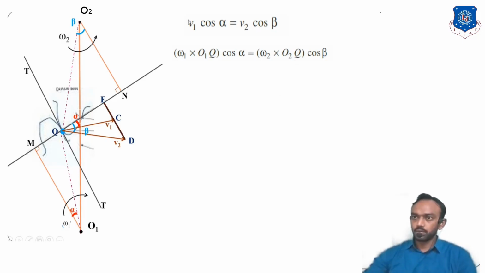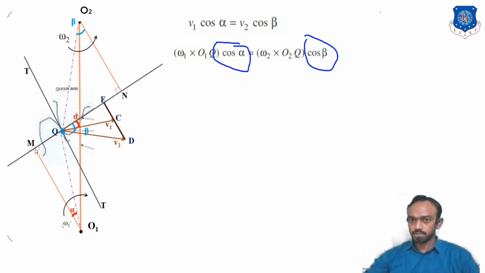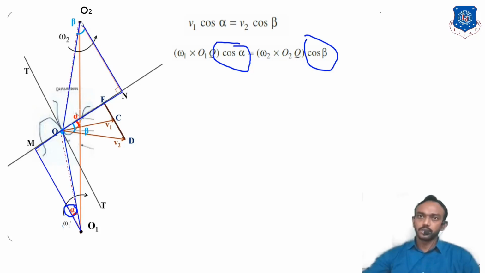Next, what are cos alpha and cos beta? You can consider this triangle. Here is a hint so you can find it. In triangle O1MQ there is the angle alpha, so find cos alpha. Similarly, in triangle O2QN this is the angle beta, so find cos beta.